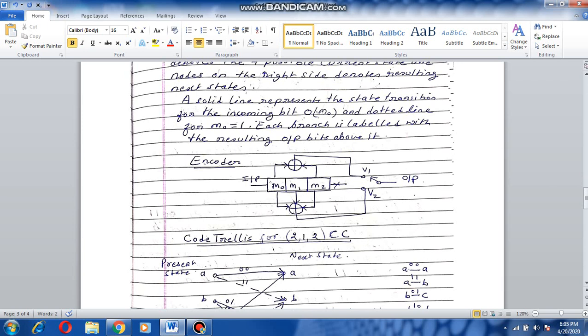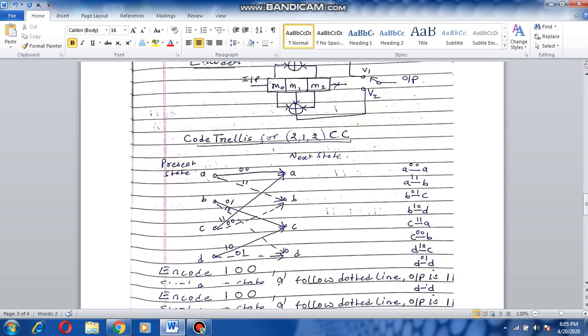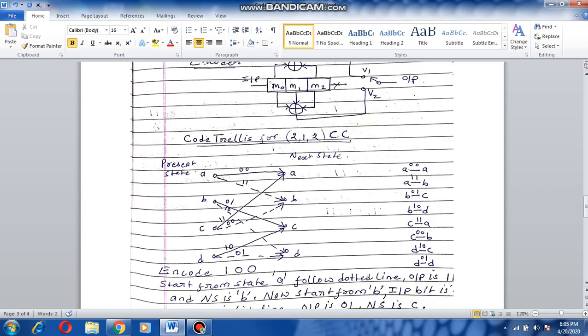There is one standard notation that the solid line represents the state transition for the incoming bit 0 and the dotted line for input bit 1. Each branch is labeled with the resulting output bits above it. Here you can see the code trellis for this 2 1 2 convolutional coder, that is its rate is 1 by 2, 1 input bit, 2 output bits, and its constraint length is 2.